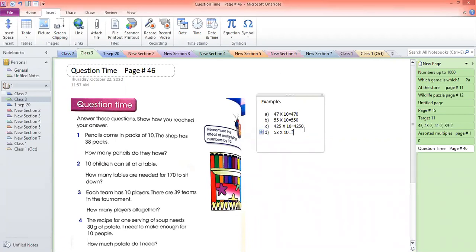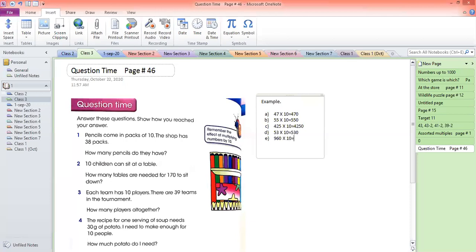Any number, if you are multiplying by 10, you write the same number and you will add 0 on the right side. Let's suppose if I ask you a question, let's suppose it is 960 multiplied by 10.